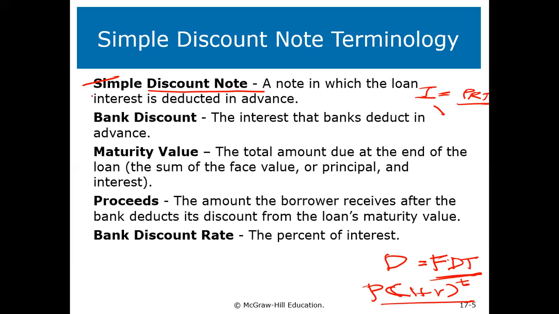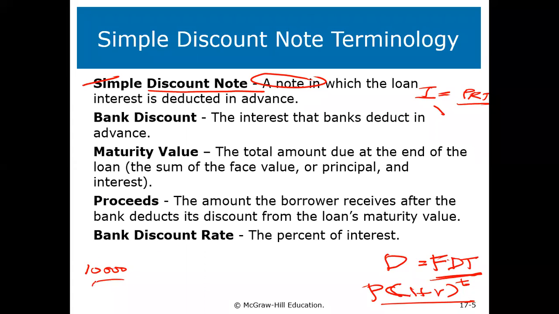Okay, so a simple discount note is a note where the loan interest is deducted in advance. So for example, I'm going to borrow 10,000. I issue a discount note.